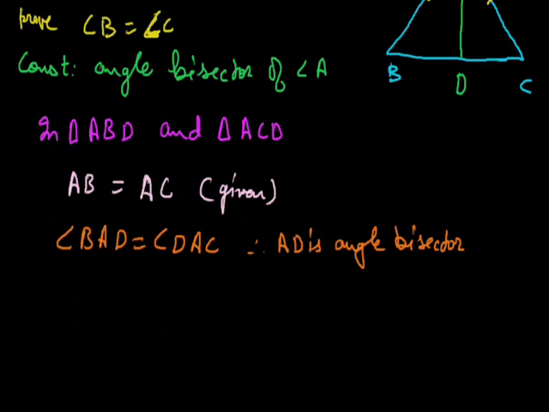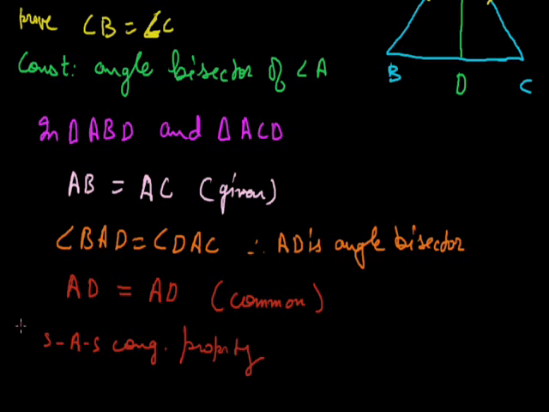Also, side AD is equal to side AD of the two triangles, since it is common to both triangles. Therefore, by side, angle, side congruence property, we can say that triangle ABD is congruent to triangle ACD.